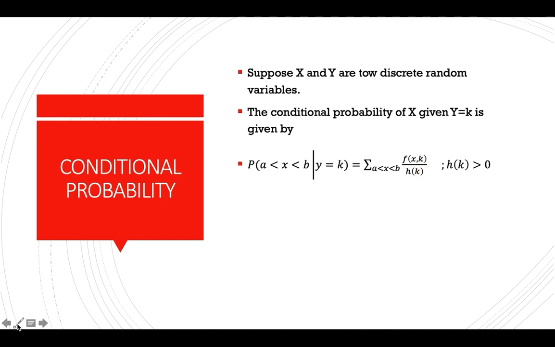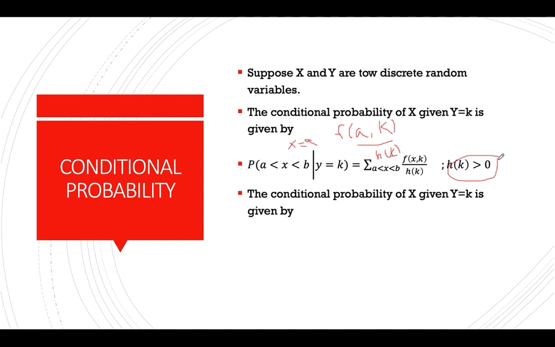Now if this is a single value, let's say x is equal to a, then the conditional probability will be f of a, k over the marginal distribution h of k, provided that h of k is greater than 0.